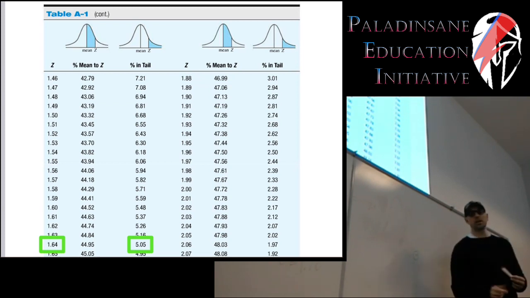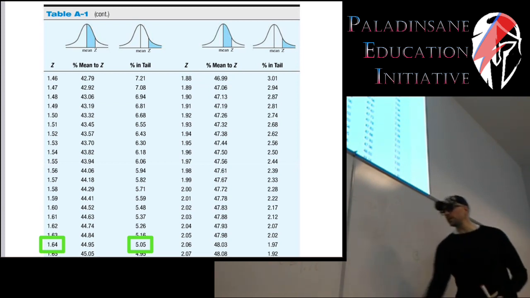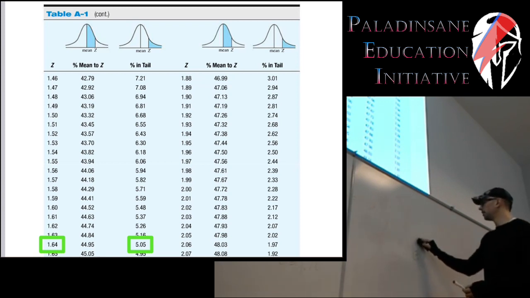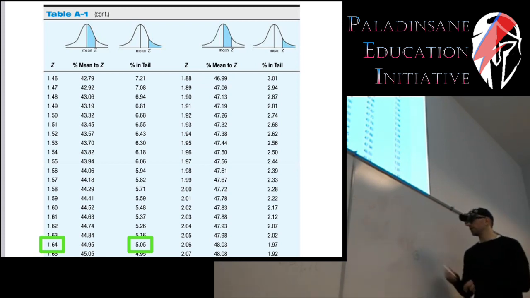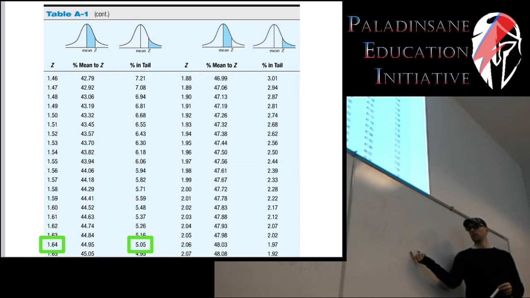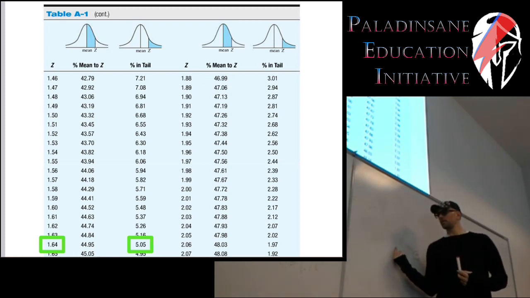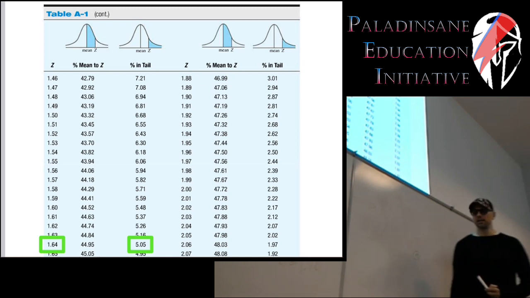If we were only looking in one direction, then we take our alpha and put the whole thing into the direction that we're looking for. If we were looking for more time with the terry cloth mother, we put it in the positive, more time part of the curve. If we were asking, do they spend less time, we would put it in the negative side of the curve, the minus side, the smaller side.